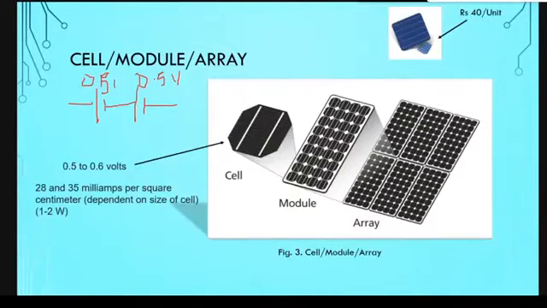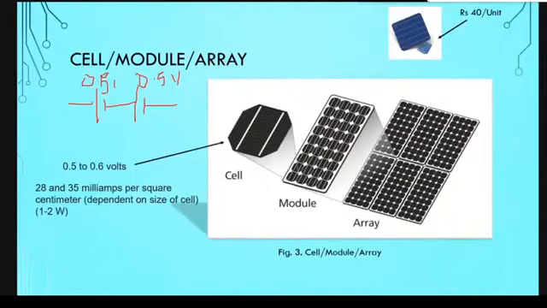Similarly, when the cells are connected in parallel, the voltage rating will be fixed. Suppose this cell is operating at 1.5 volt and current is 1 ampere, and there is another similar cell with rating 1.5 volt and current 1 ampere, and these two cells are connected in parallel. Then the effective EMF of this circuit will be 1.5 volt only, but the maximum current which can flow in the load in this case will be 2 ampere.